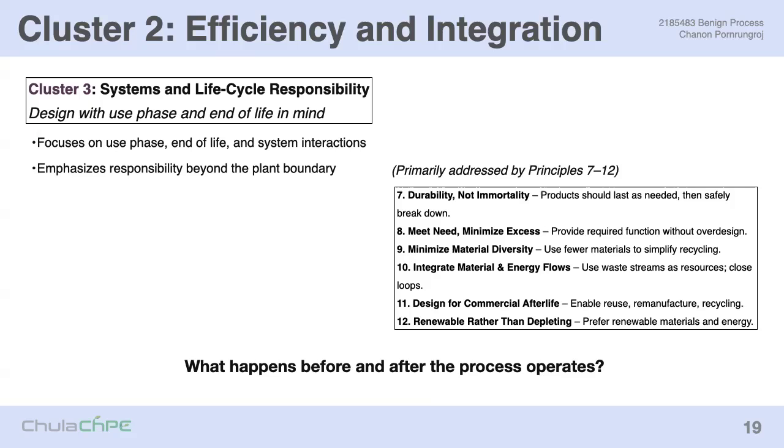And number 8 talks about meet needs, minimize excess. So not overcomplicating things, to put it in simple words. Principle number 9, minimize material diversity. This is also an important concept for us to think about.